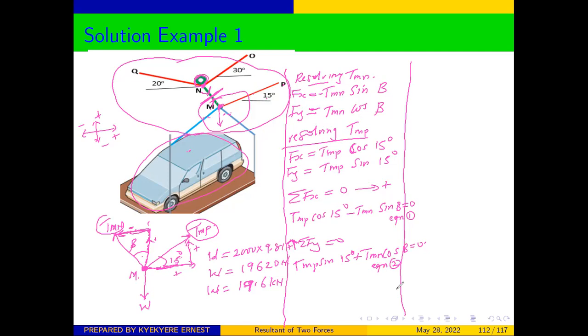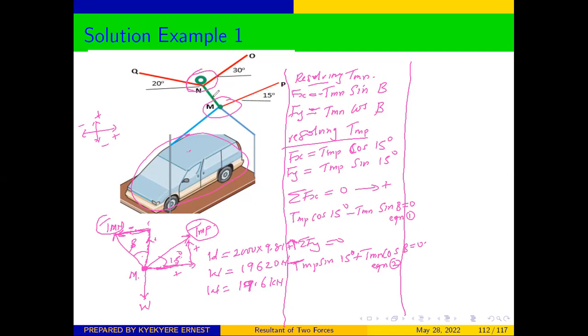Good. Having been able to resolve that, it means that now we are done with resolving the forces at this side. Therefore, now we can move to the other side and also draw our free body diagram. The first one we drew was for this side, and the second one should be for this side.